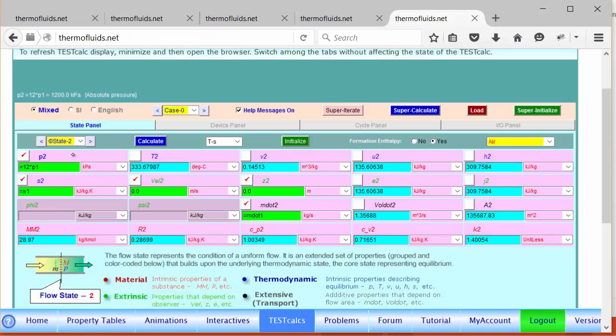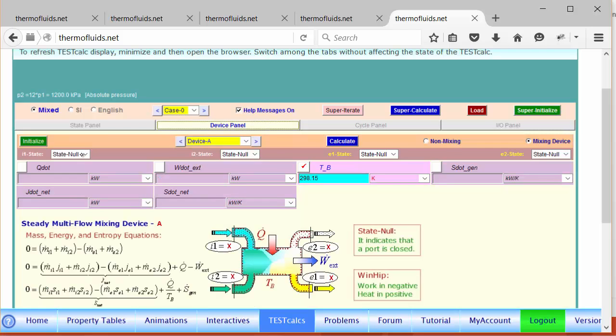So we have already calculated states 1 and 2 in the state panel. In the device panel, state 1 is the inlet and state 2 is the exit. Of course, this allows very complicated devices to be created with 2 inlets and up to 2 exits. Just leave the other inlet and exit as state null, so there is only 1 inlet and 1 exit we are using.